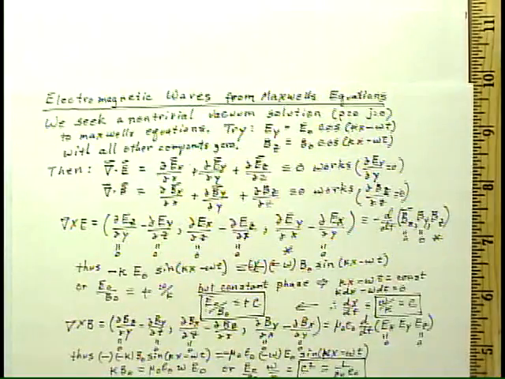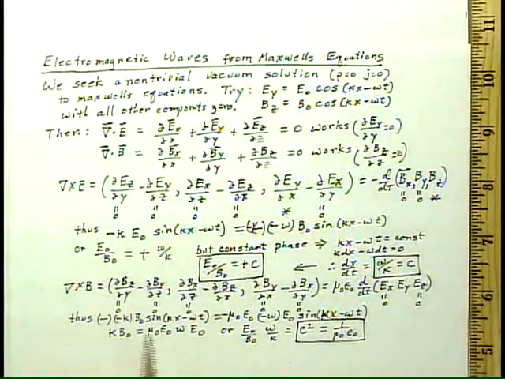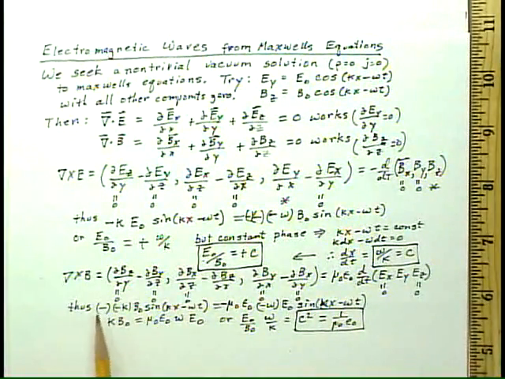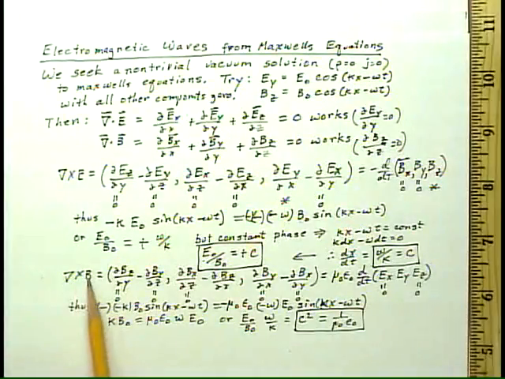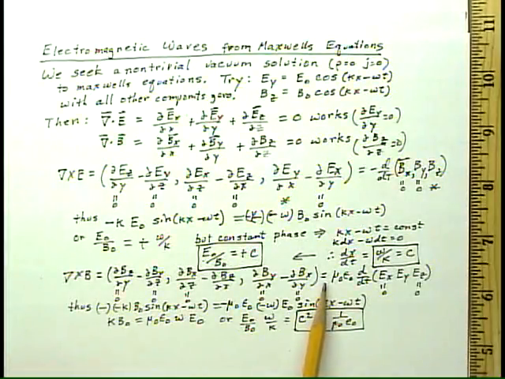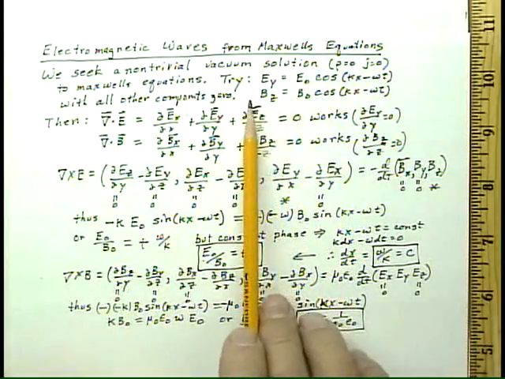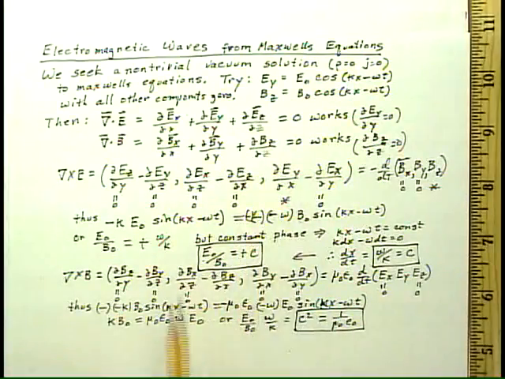We now take the fourth of Maxwell's equations. Del cross B, which is given by this expression here, must equal, recall now that the current is vanishing, mu naught epsilon naught dE/dt of the vector field E. Here we recall, first of all, that Bx and By vanish.